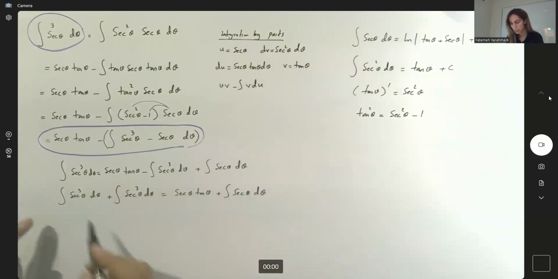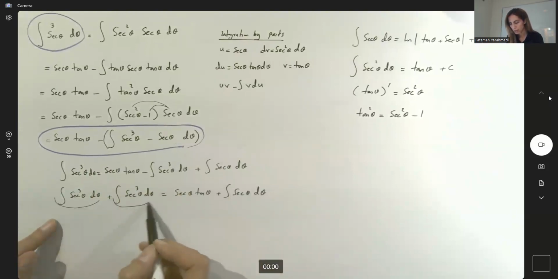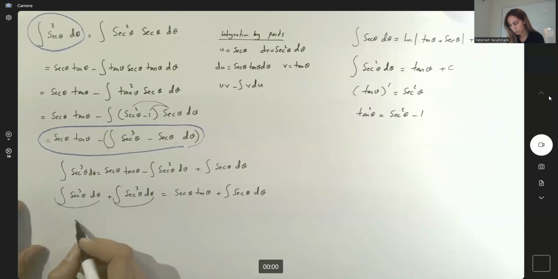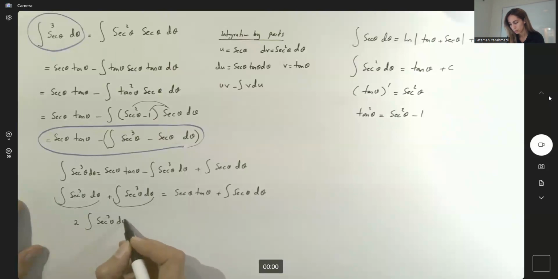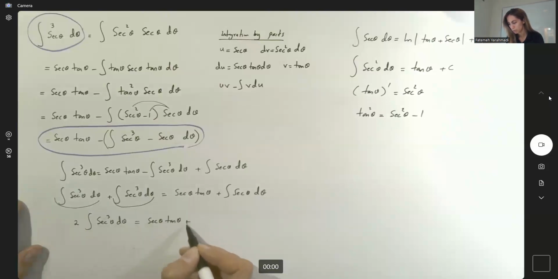So what happens? I have the same object added to itself. I have 2 times the integral of secant to the third theta d theta, which is secant theta times tangent theta plus the integral of secant theta d theta.